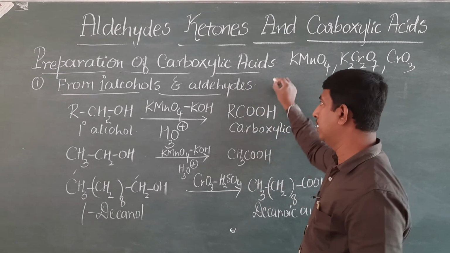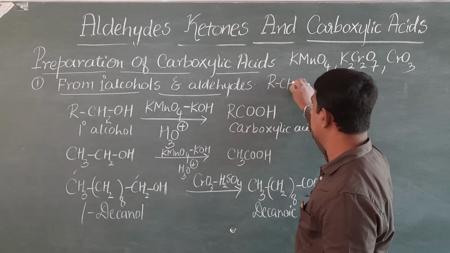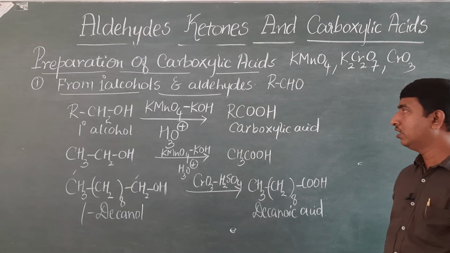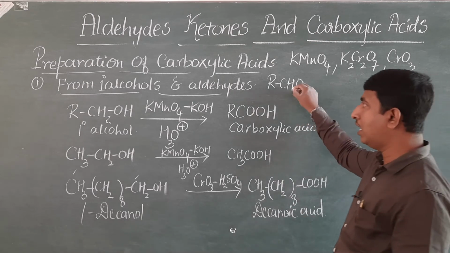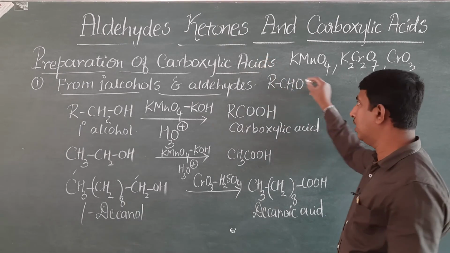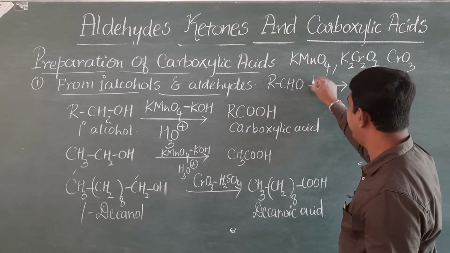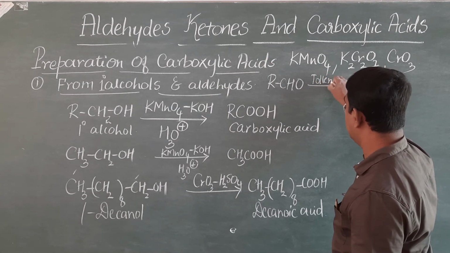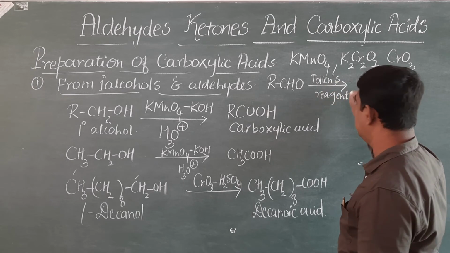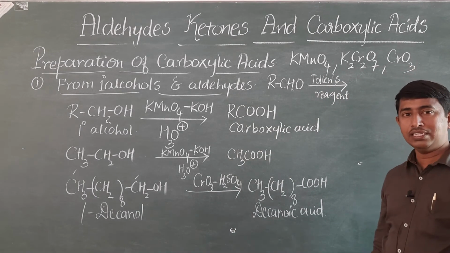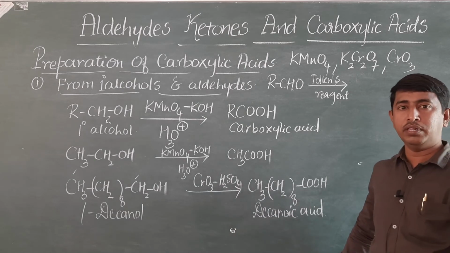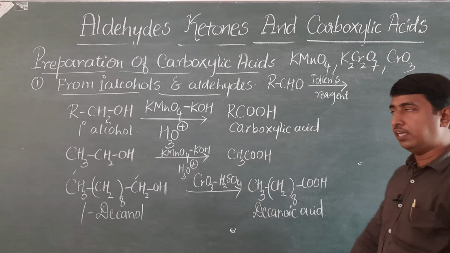Now what about aldehyde? Formula of aldehyde is RCHO, and this aldehyde can be converted into carboxylic acid even by using mild oxidizing agents, that is Tollens reagent or Fehling's reagent. In the last class we discussed Tollens reagent and Fehling's reagent, they are examples of mild oxidizing agents.